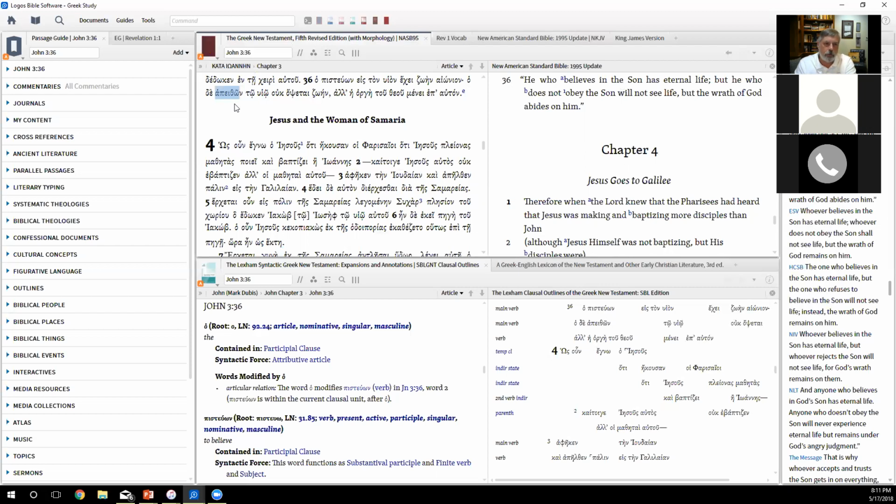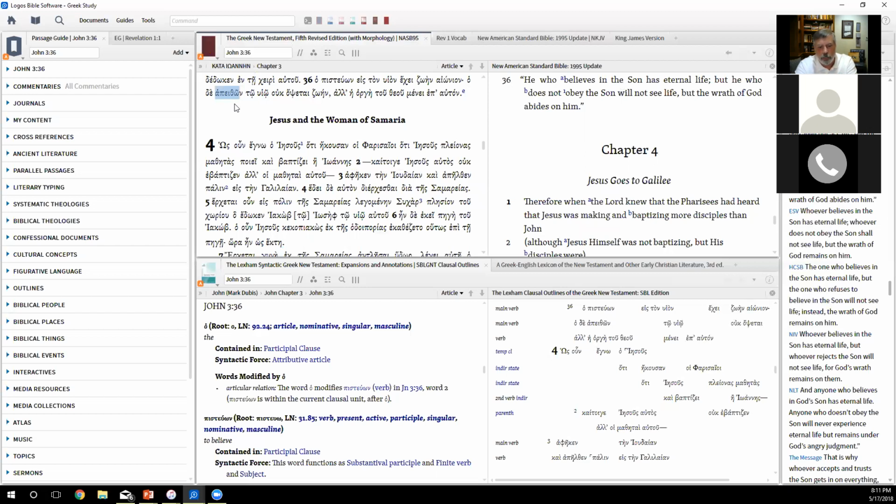So by translating it, "he that does not believe," we actually water down what the actual meaning is. The wrath of God abides on whom? The one who does not obey. So it's not just believing, it's obeying. And so the two are connected.